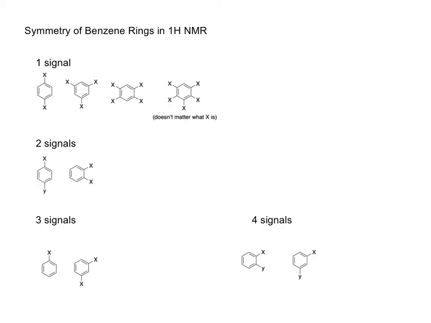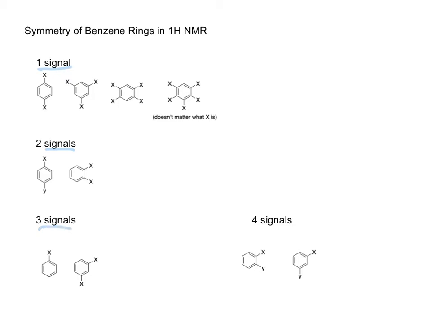We want to be aware of the symmetry of benzene rings in proton NMR spectra that lead to different numbers of signals. For example, for one signal, these are the arrangements of protons that will give you just one signal. And then we've got two signals, which has these arrangements where we've got X and Y para to each other, or X and X ortho to each other.